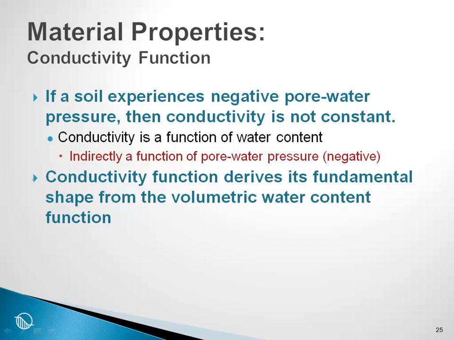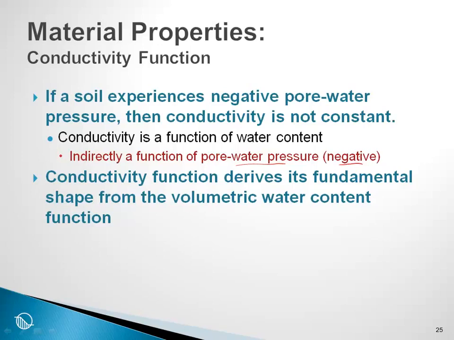So as we already have illustrated, if a soil experiences negative pore water pressure, then the conductivity is not constant. It's more difficult to flow when there are air pockets inside the soil. So conductivity is a function of water content. Indirectly, conductivity is also a function of the pore water pressure, particularly the negative pore water pressure.